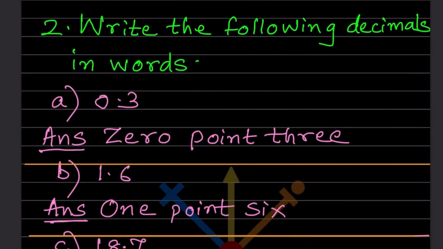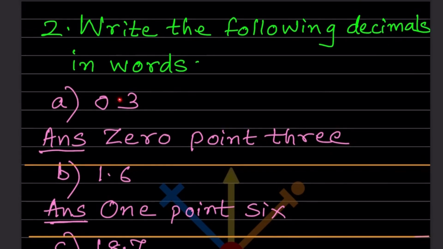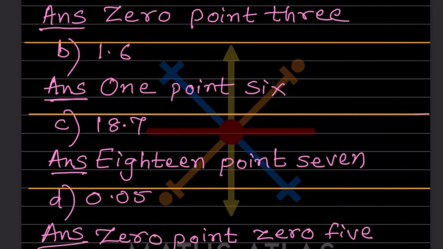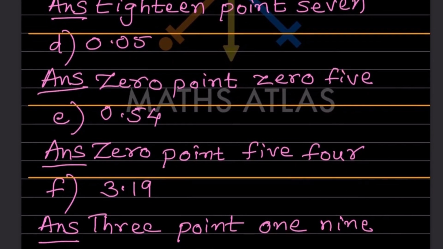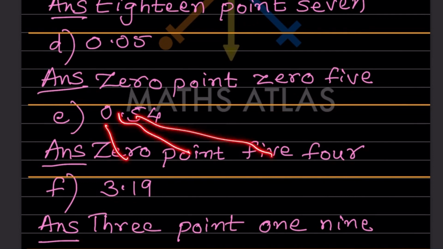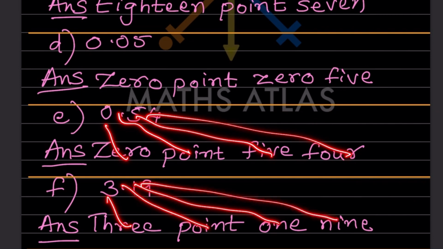Write the following decimals in words. Now this is given 0.3. So you will write 0.3 in words. That's it. You are just going to write it in words. 1.6, 18.7, 0.05, 0.54, 3.19.